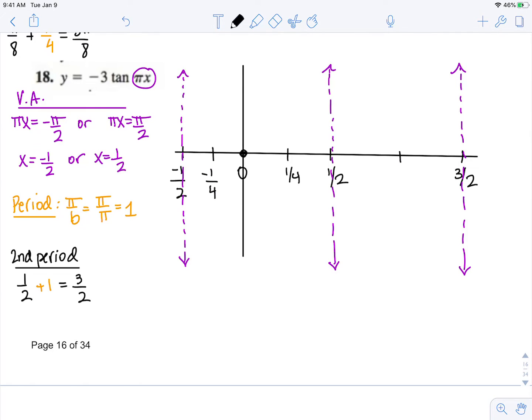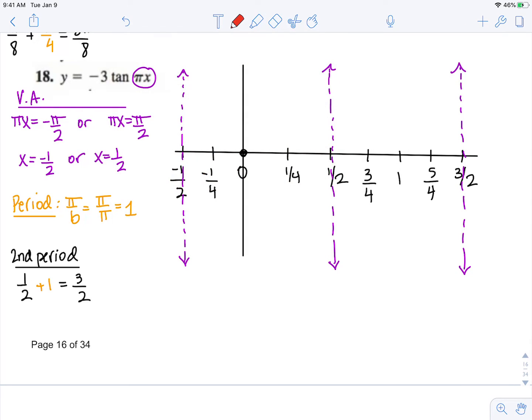In the middle here, this is going to be 1. And then in the middle of this is going to be 3/4, and this is going to be 5/4. So it might be easier to split up your intervals first before you start finding your values.